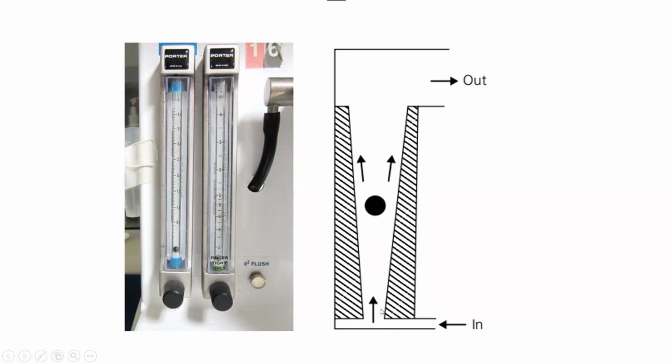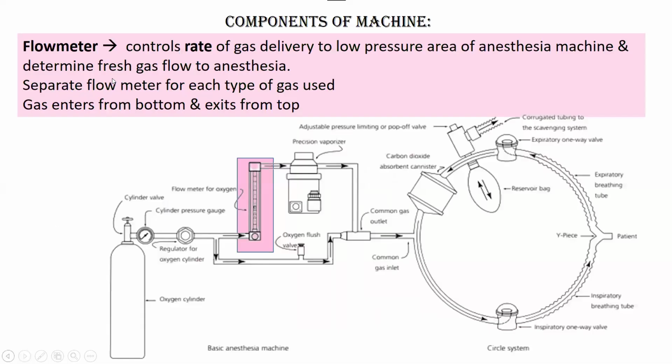It has a tapering shape, narrower at the bottom and wide at the top, and the gas flows from the lower portion and goes out from the upper portion, and there is a ball in between. You can see this ball over here and this ball over here, and it tells you the rate at which the gas is moving.